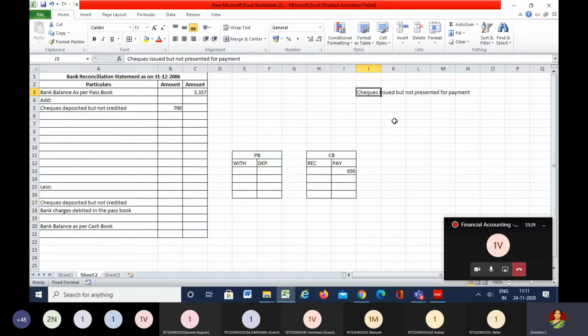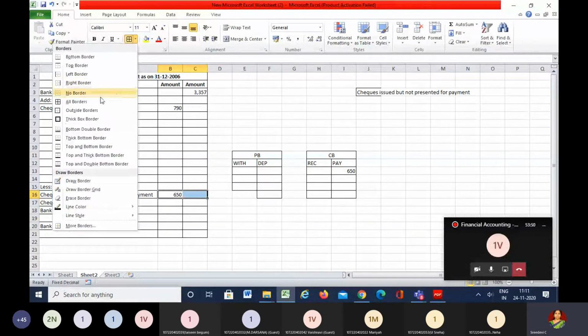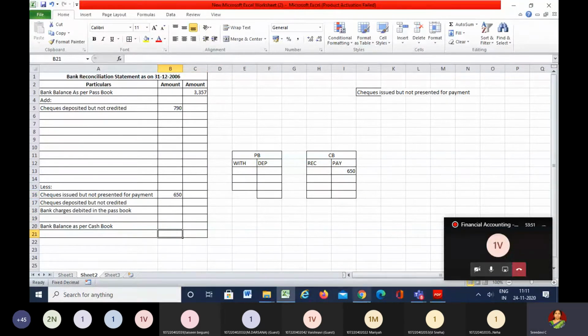We are going to deduct, less. So how much is the amount here? 650. That's it. Clear? Yes, ma'am. Right? Now let's go to the next one.